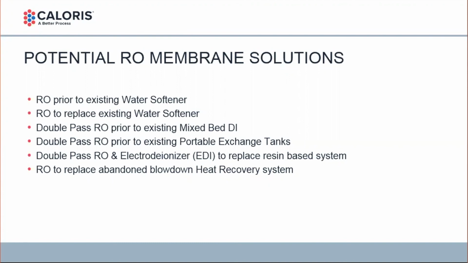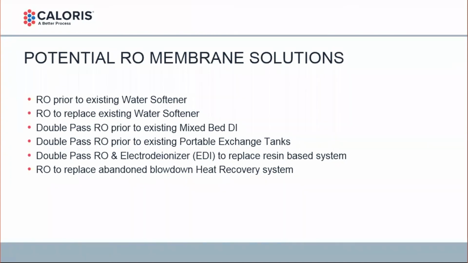You can also just use an RO to replace an existing water softener. Another membrane solution is a double pass RO prior to an existing mixed bed DI. And as I think I already said, the operating costs of that mixed bed DI are going to go way down now. So instead of having to regenerate that mixed bed DI every day, you probably don't have to regenerate that for a couple months.